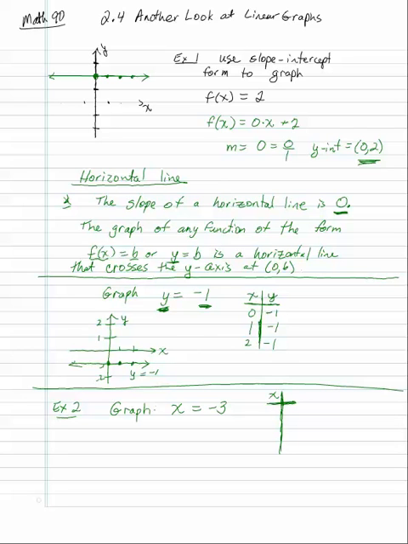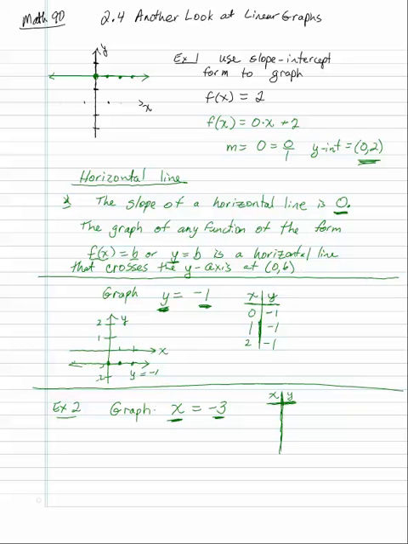If there's no y in the equation, you can't put it in slope-intercept form, so that doesn't work. So we go back to our fundamental graphing technique of making a table. We're going to pick numbers for x and then see what y is. But the problem is there's no y again.